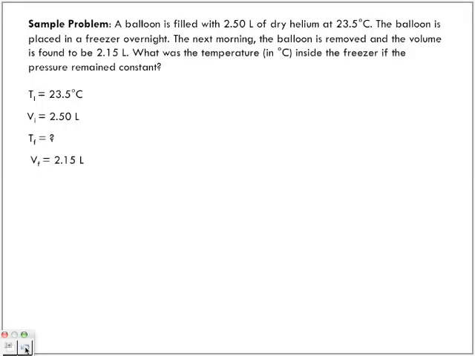So remember, we want to convert the temperature into Kelvin. So 23.5, we're going to add it to 273, and we're going to get 296.5 Kelvin.